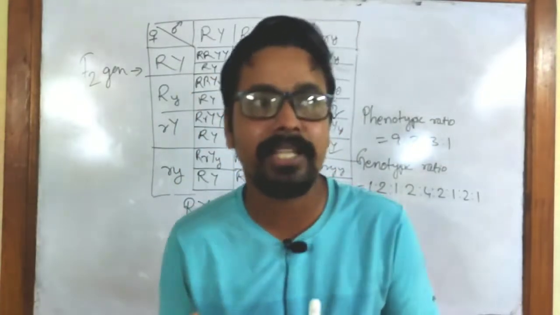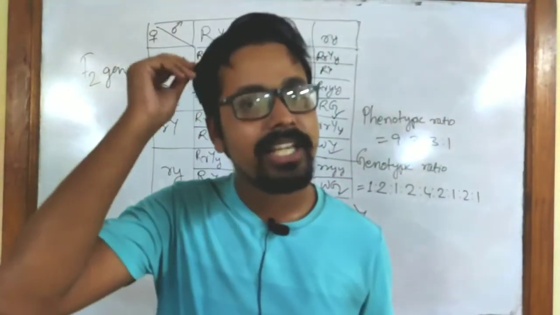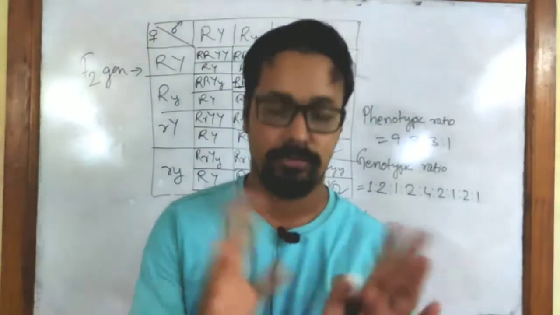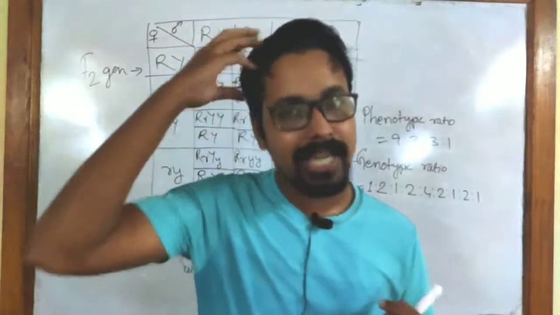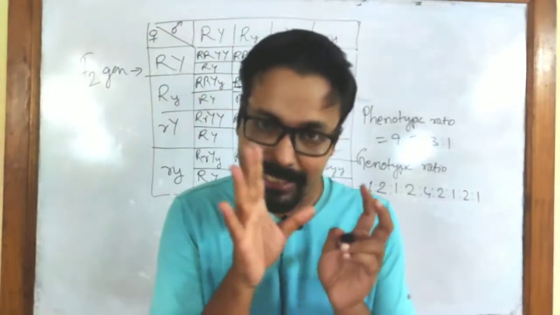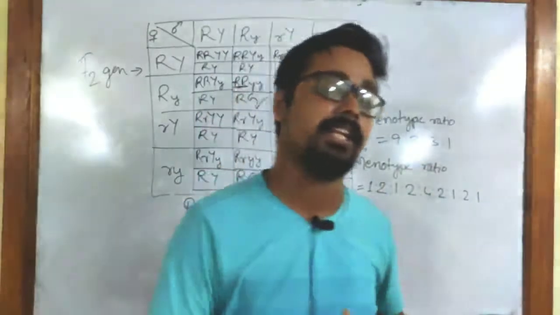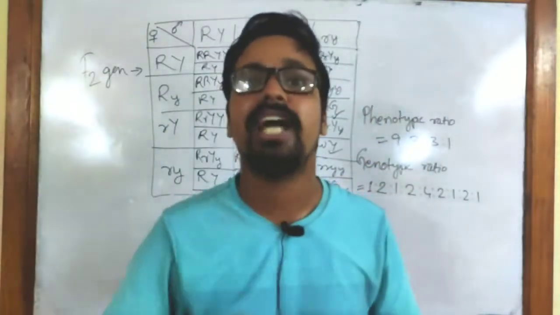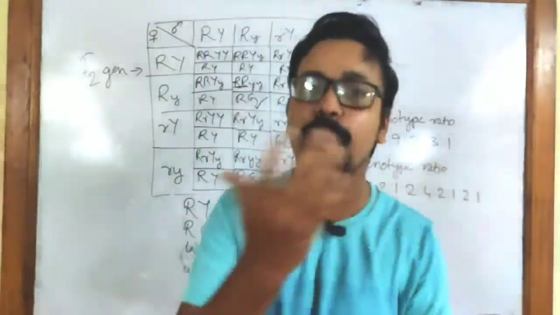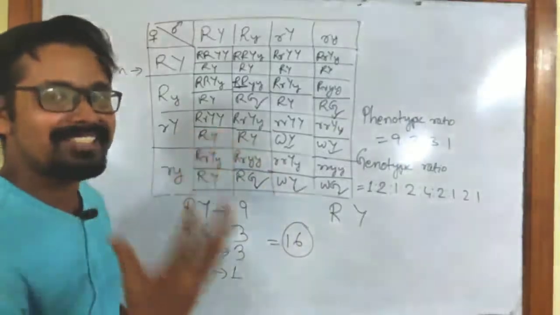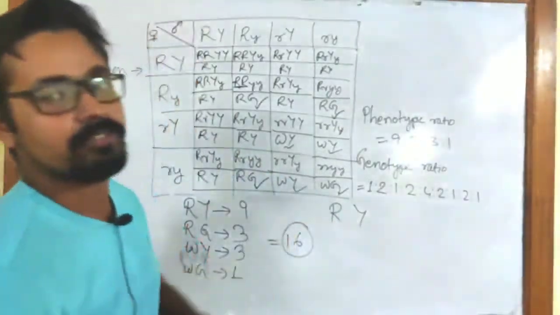I am just taking a random example, not correct, don't take it seriously. It may be that if the color of the hair is black, your eye color will never be black. That would mean the color of the hair affects the color of the eye. You will find some characters where the presence of one directly affects the presence of the other. We are going to learn these things, but as of now, the law of independent assortment means the presence of one character will never affect the presence of the other.